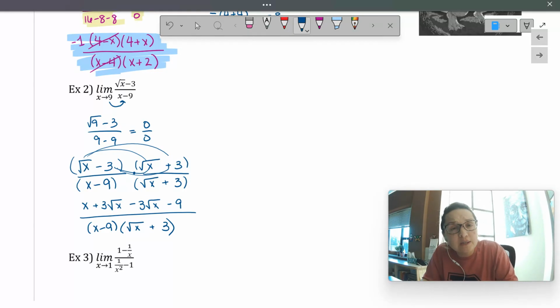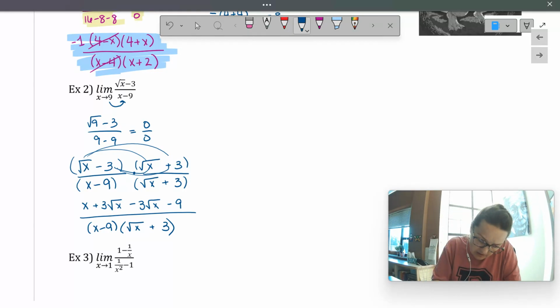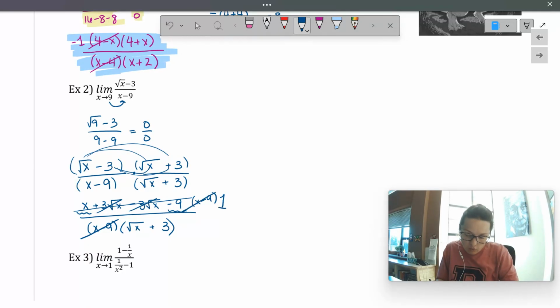So I'm not going to distribute on there. And then I'm going to say, well, these things cancel out, and that leaves me with x minus 9 on top. And so x minus 9 on top cancels with the x minus 9 on the bottom, leaving me with a 1.